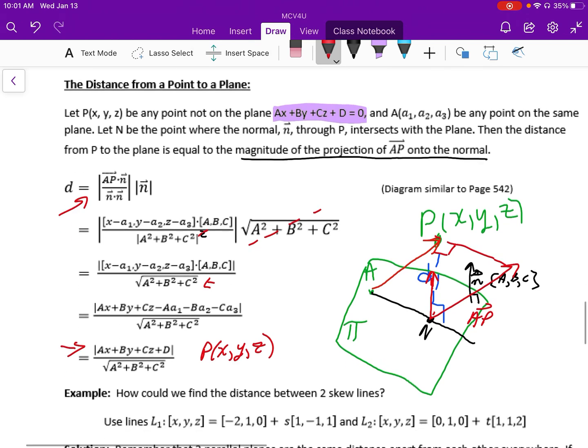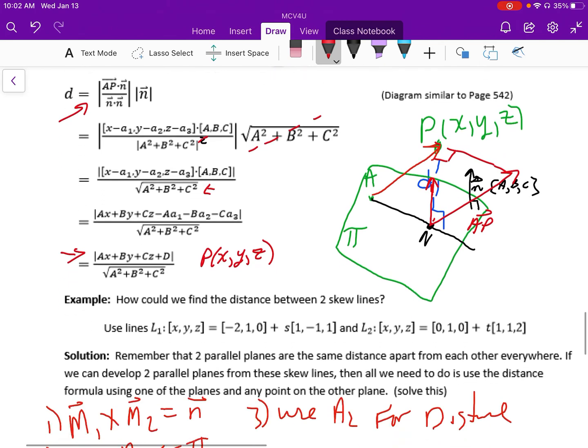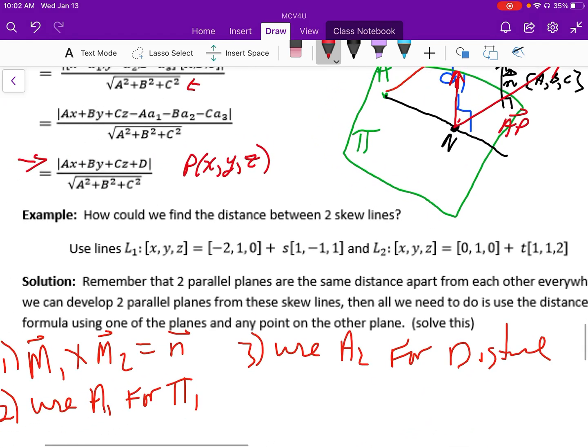The interesting thing, or the extension, so that you're not just asking what's the distance between a point and a plane, is how do we find the distance between two skew lines? That's the extension to this, okay? If I'm already telling you L1 and L2 in this case are skew, how do we find the distance between them?